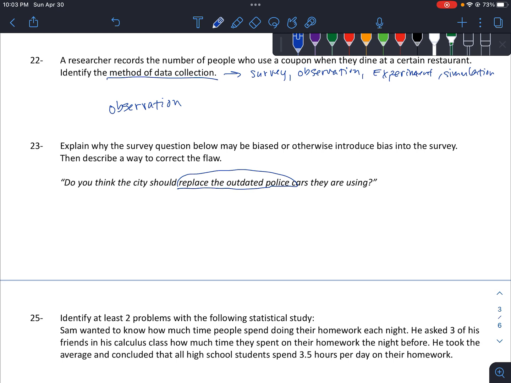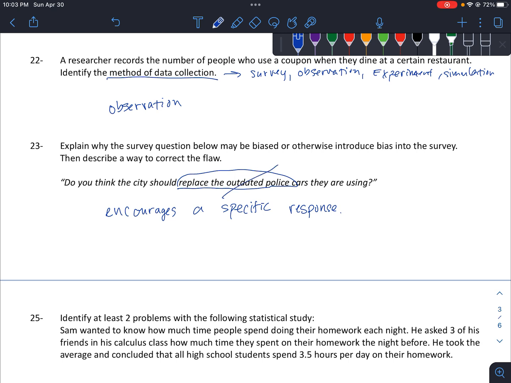So it definitely encourages a specific response. How can you correct the flaw?